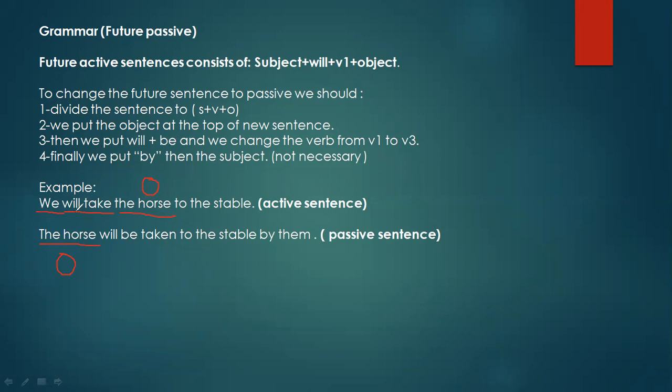Here, grade 6, I write will as it is. But here I must put be. After will, when I change from active to passive, I must put be, the verb to be, the form be. Then I change the main verb, take in the active sentence, to verb 3 in the passive voice, which is taken.